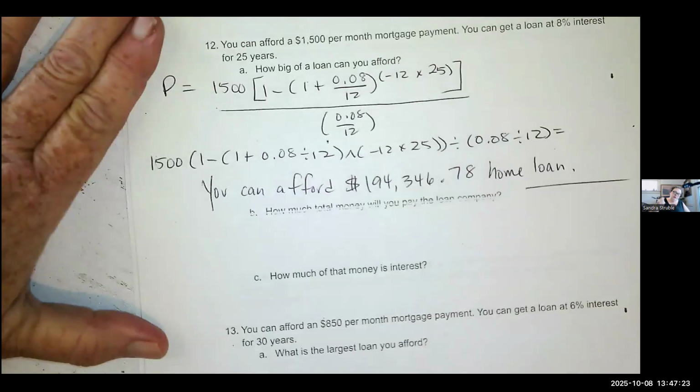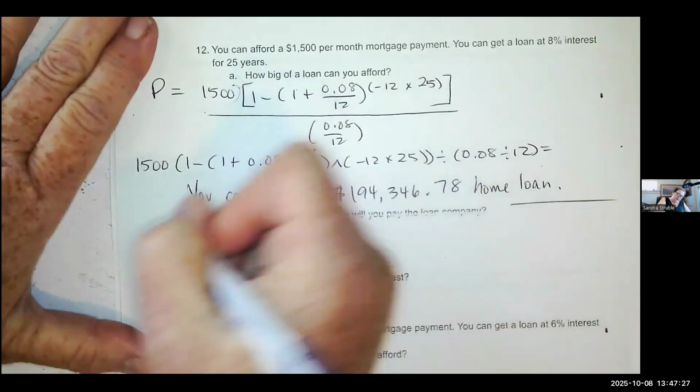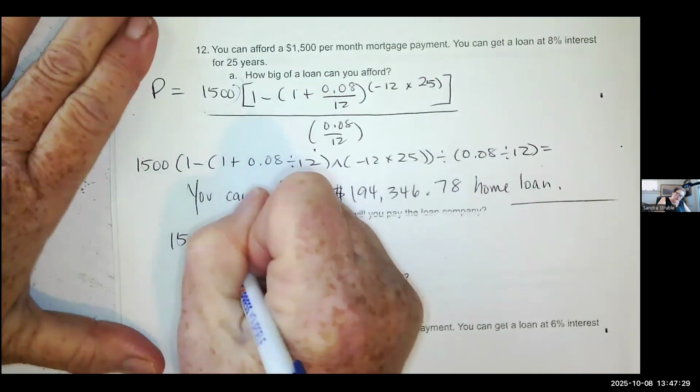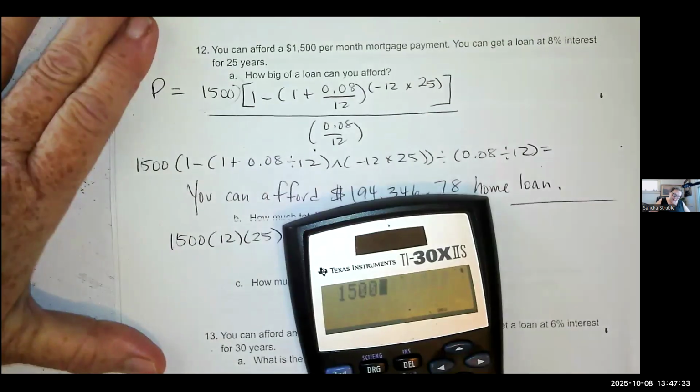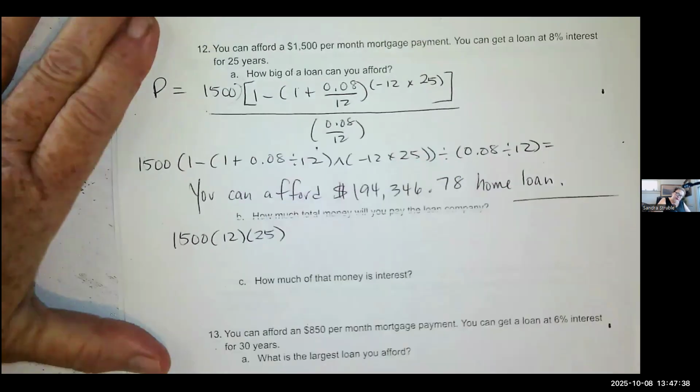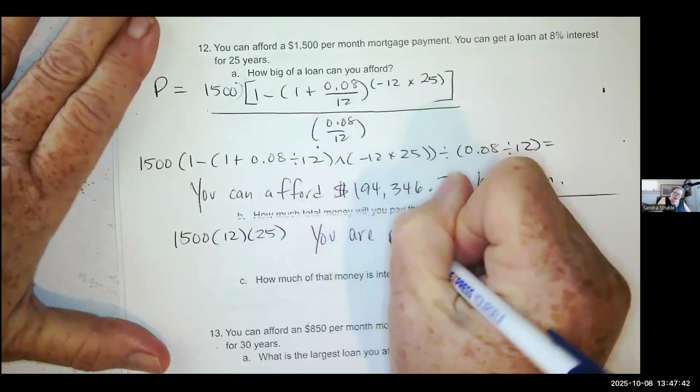Now we want to know how much money you're paying on that loan. Well, if you're making $1,500 per month payments for 25 years, times 12 times 25, you're paying $450,000. That's how much you're paying for your home.